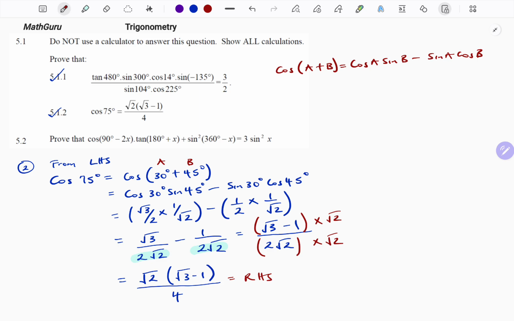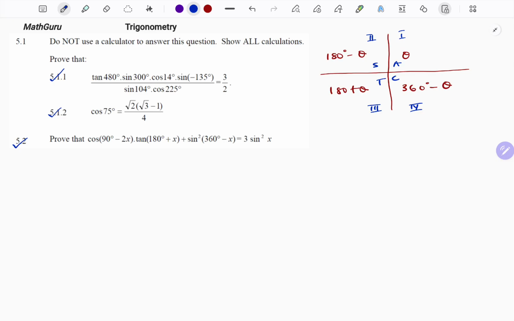Going to the last but not the least question, to prove that the cosine of 90 minus 2x multiplying tan of 180 plus x plus sine squared 360 minus x is equal to 3 sine squared x.